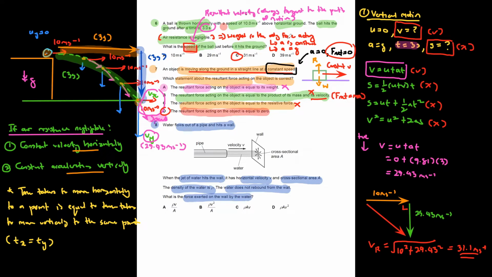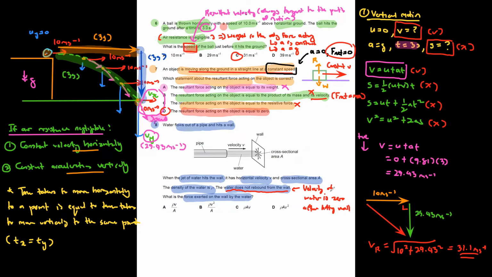Now, what's the significance of the statement that water does not rebound from the wall here? It just simply means that the velocity of water is 0 after hitting the wall. If your water does not rebound, it just means straight away that the velocity of water is 0.